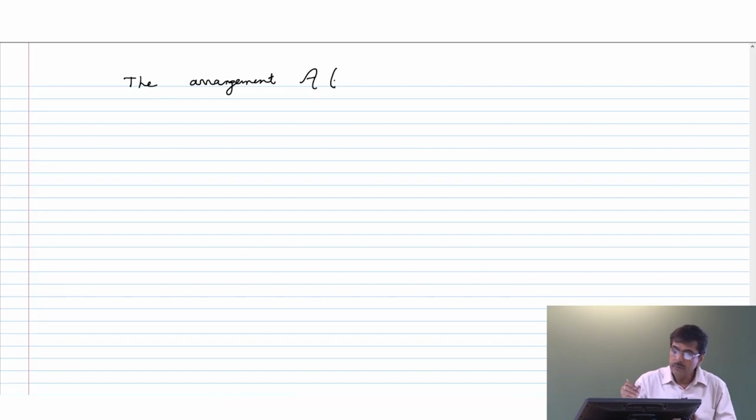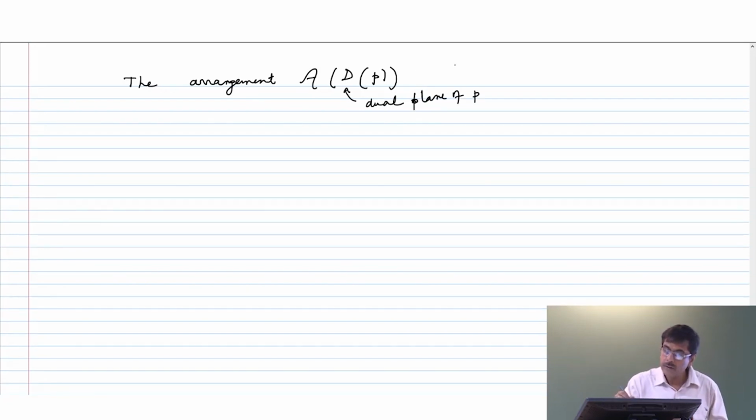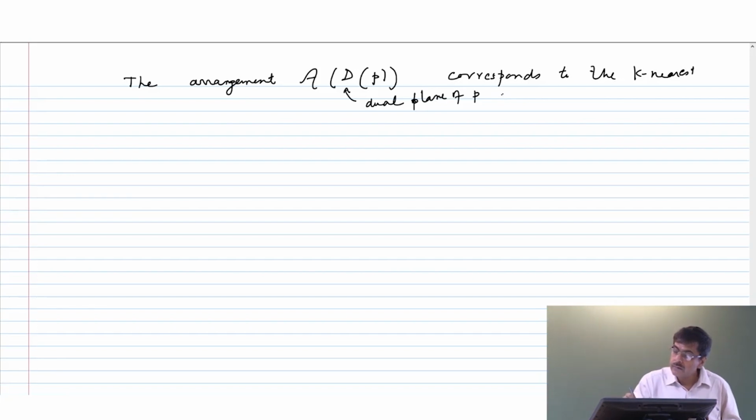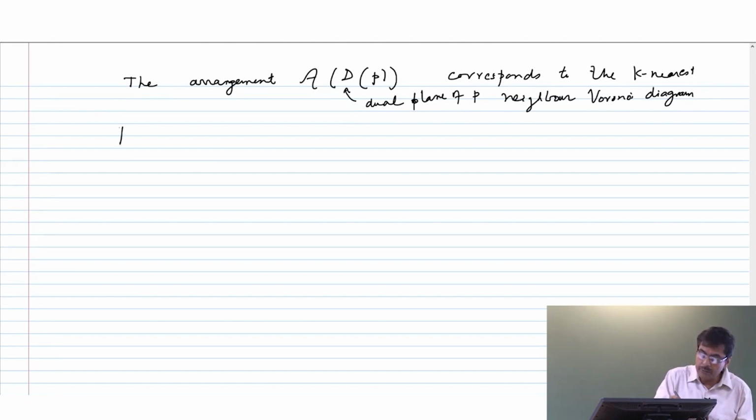The arrangement of D star of P, where P is the set of points, corresponds to the k nearest neighbor Voronoi diagram.